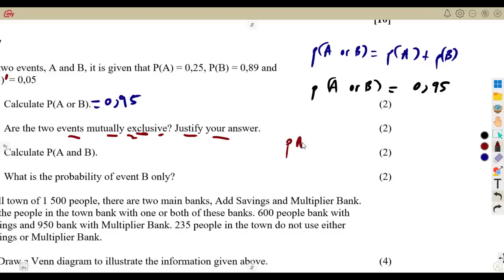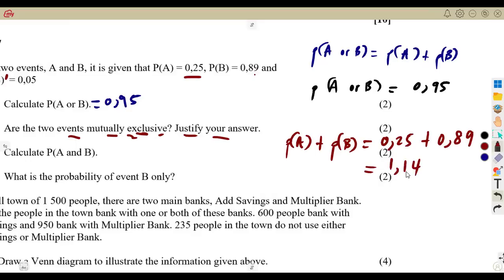Now determine that one of A and B separated. The probability of what is in A, we add it to what is in B. Let's add. What is in A? That's 0.25 plus what is in B? That's 0.89. We add these two. You are going to obtain 1.149. These two are not the same, as we can see.